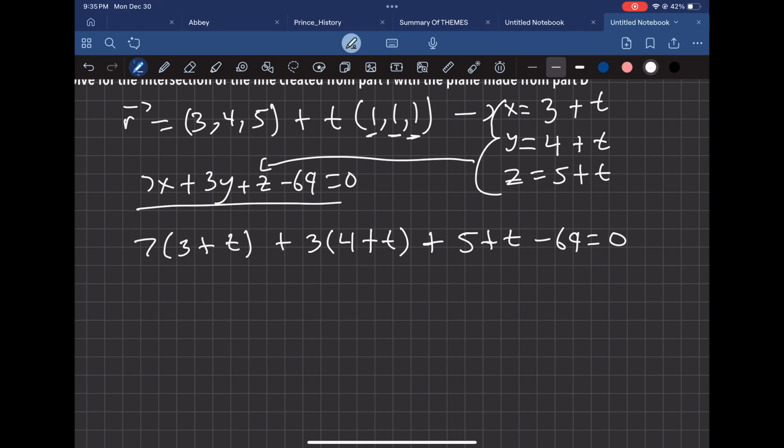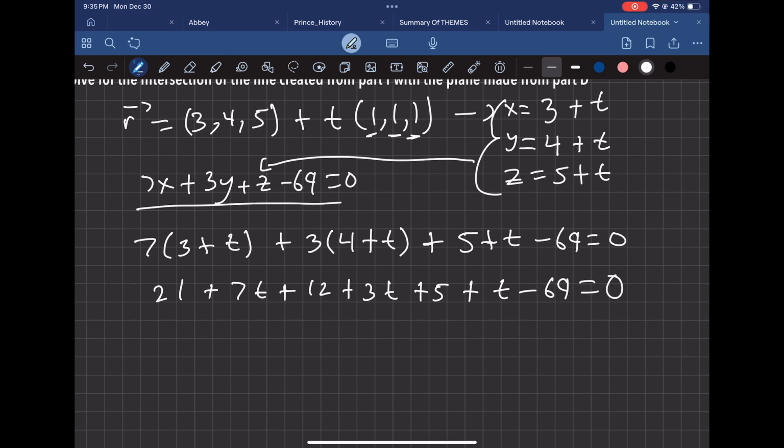So that'd be 21 plus 7t plus 12 plus 3t plus 5 plus t. Too many t's. Equals 0.